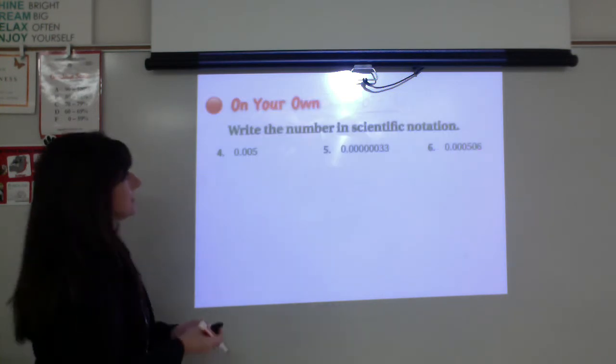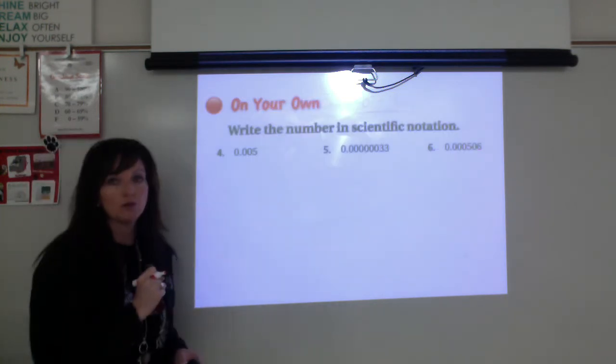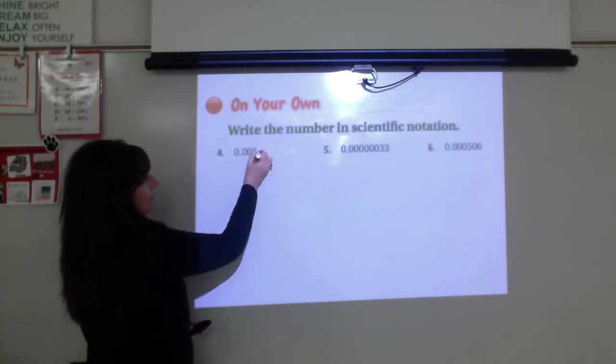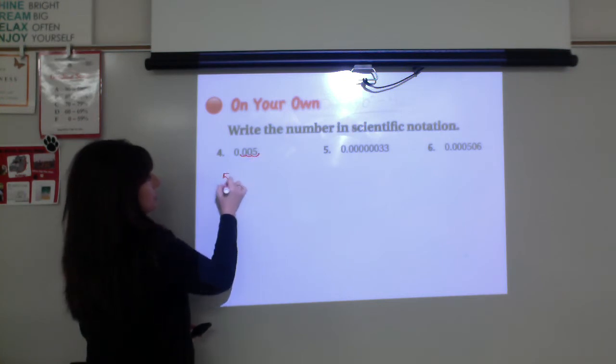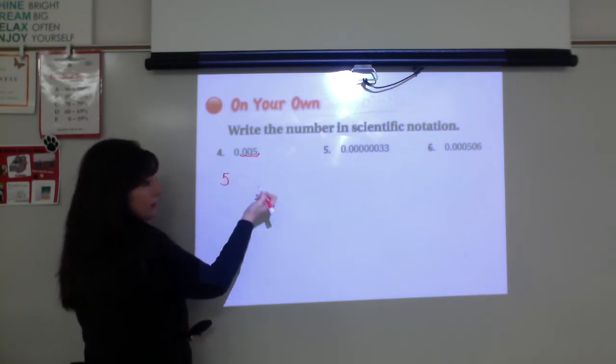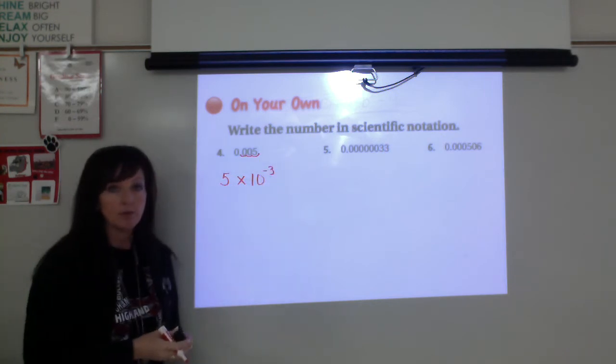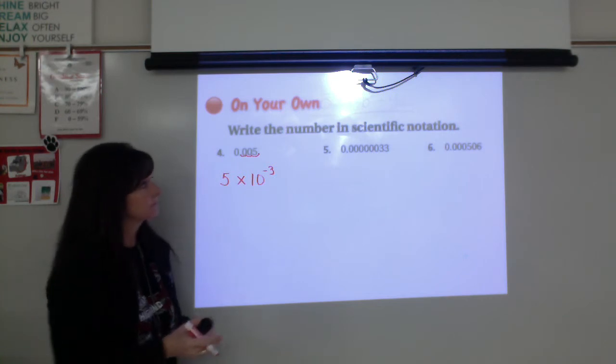So we will try some of those. Again, you can see these decimal numbers are less than 1. So we want to move the decimal to the right of the 5. So we will do it 1, 2, 3 places. So 5, or 5.0, won't matter, times 10, and here's where we show that it started out as a small number. We make that a negative 3.